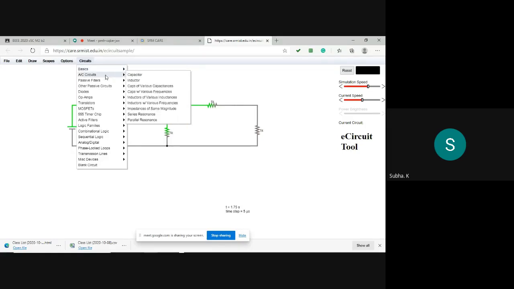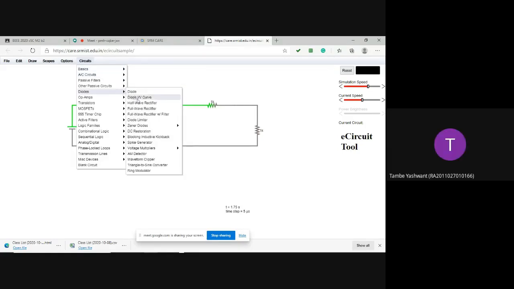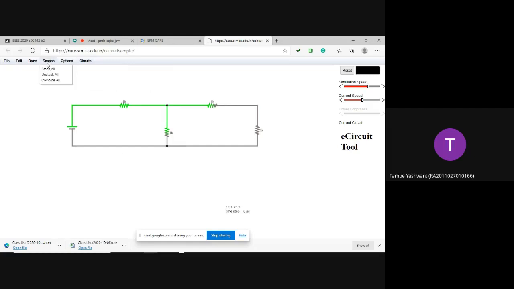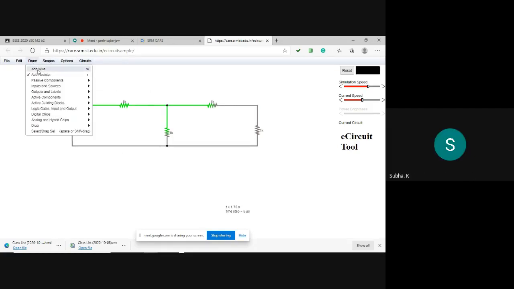I think there is no variable resistance also. Ma'am, in this circuit, is the rheostat there? That's what I'm checking, if there are any variable resistors. I think there is no variable resistor, ma'am.